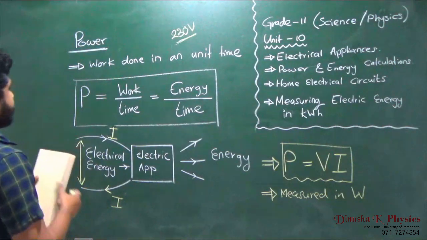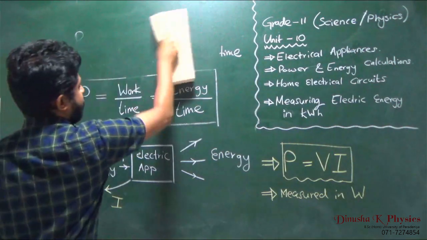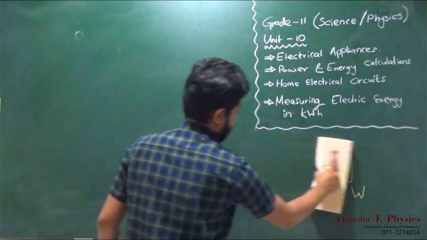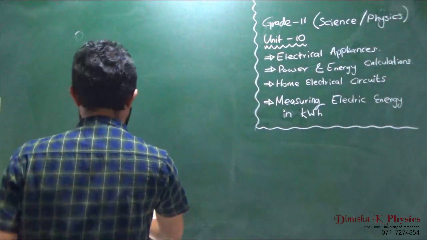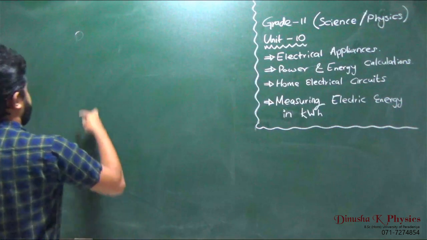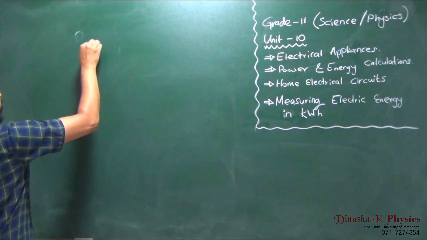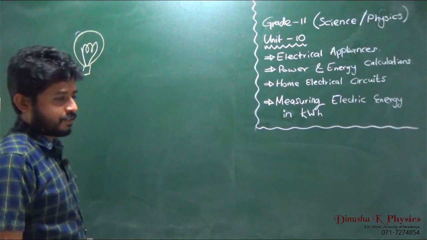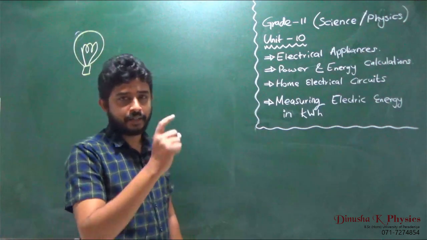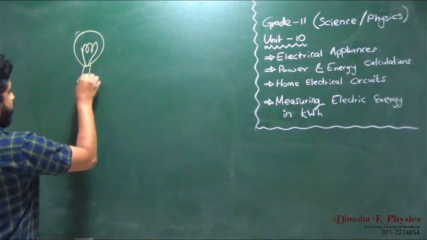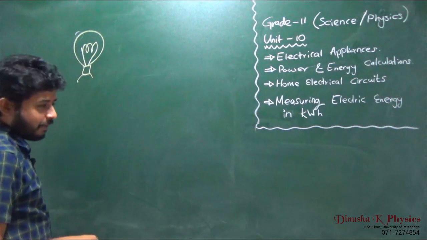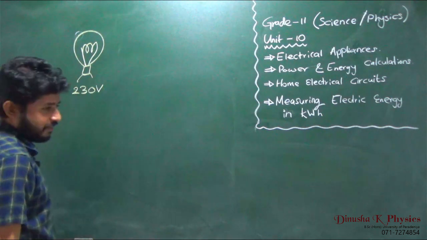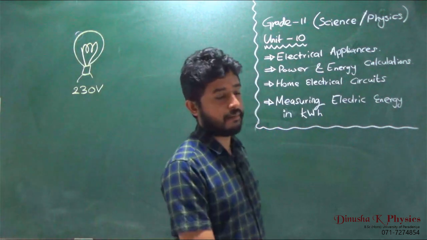Right? So let's say there is a filament bulb, right? So it is plugged to a holder. අපි හිතමු holder එකට දීලා තියෙනවා කියලා. That means 230 volt input එකක් එනවා. Voltage difference එකක් හම්බ වෙනවා.